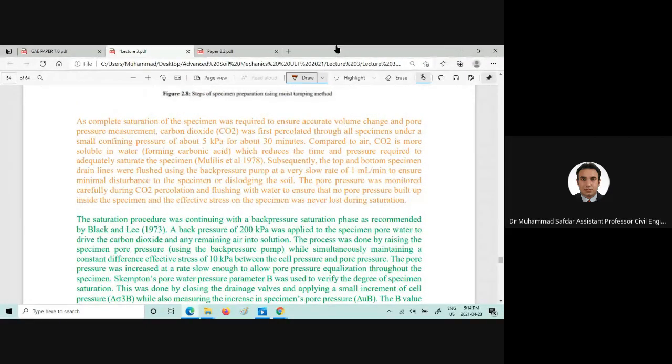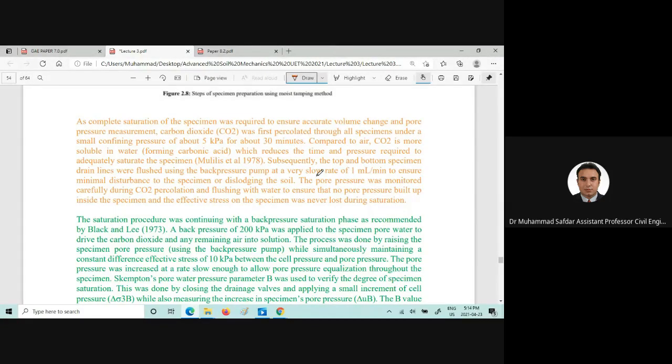First of all, CO2 is percolated through the triaxial specimen, and the reason given is that they want to remove the air within those pores, and they want the CO2 to be there, because CO2 can easily be replaced or removed from the specimen by flushing with water.